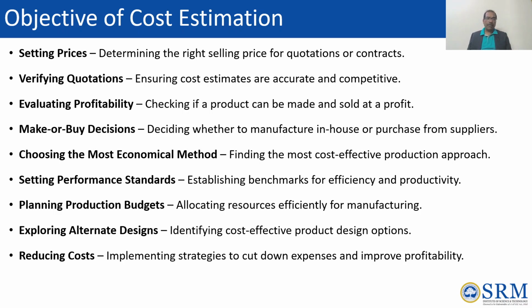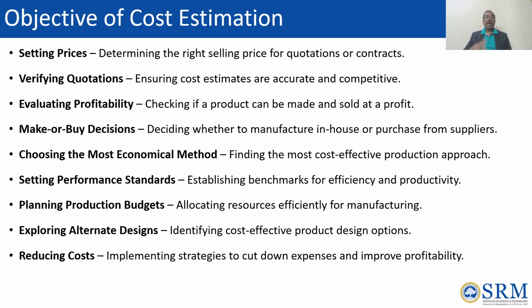Then planning production budget, allotting resources effectively for manufacturing. As I told previously, if a different production process is needed, we need machineries, equipment, tools, manpower, and other jigs and fixtures. So for that we need to allot some budget if we decide to make.